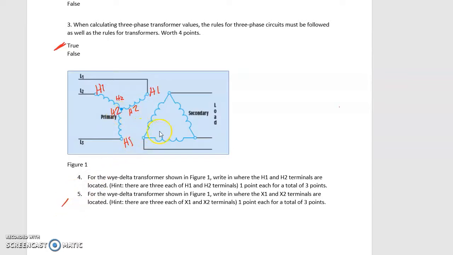For question number 5, we're labeling the secondary side of the transformer. This one happens to be a delta connected secondary. And for the secondary, we use X's for our labels. And every coil gets an X1 and an X2.